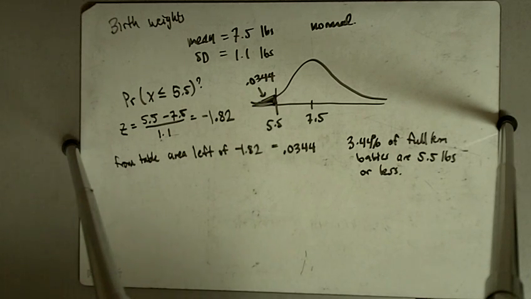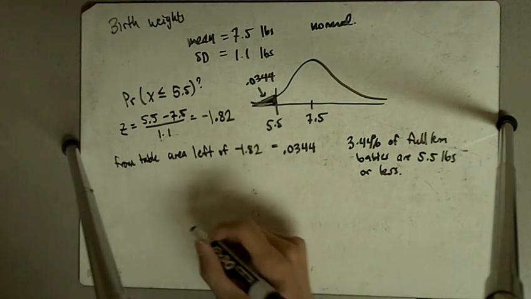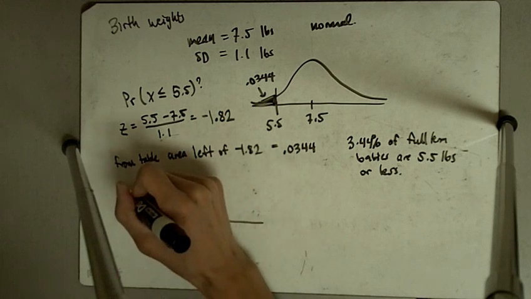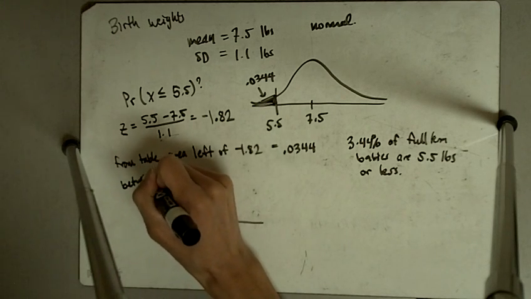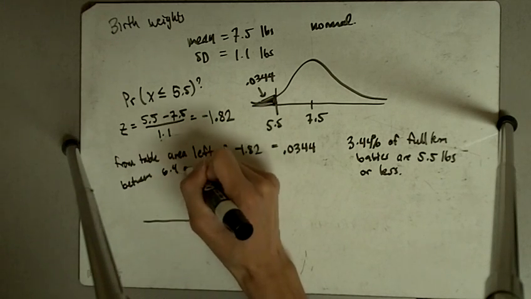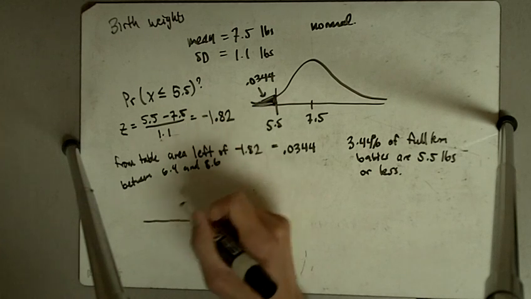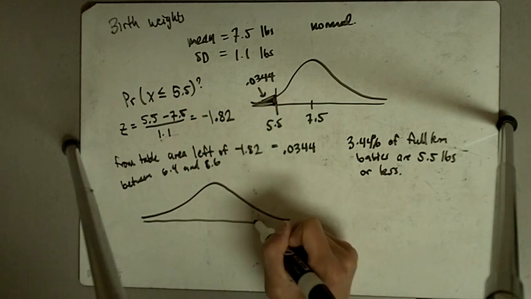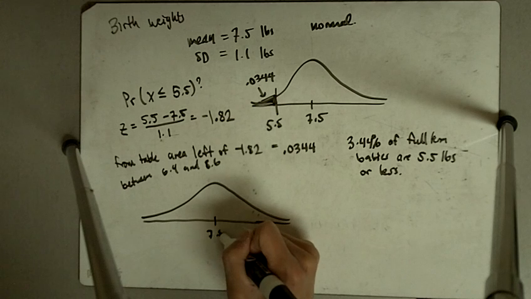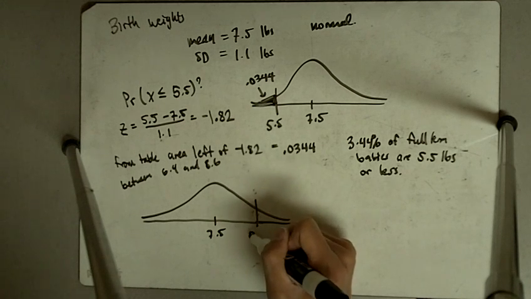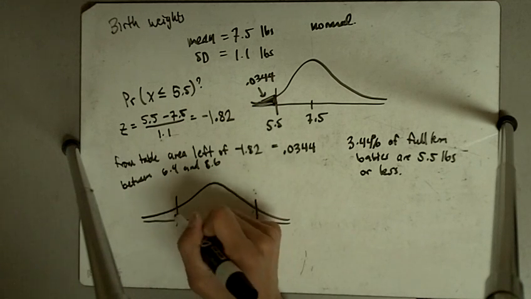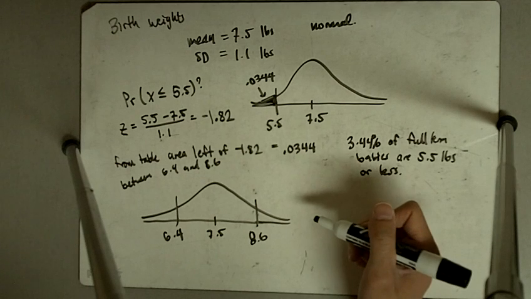And then it says for a randomly selected full-term baby, what's the probability that the baby's birth weight is between 6.4 and 8.6 pounds? Okay, so we want to know between 6.4 and 8.6. We're centered at 7.5. I'm going to draw a cutoff line at 8.6 and a cutoff line at 6.4.